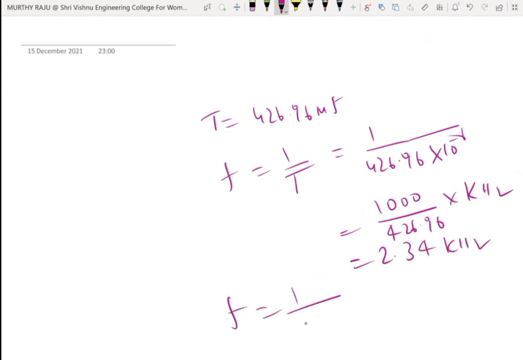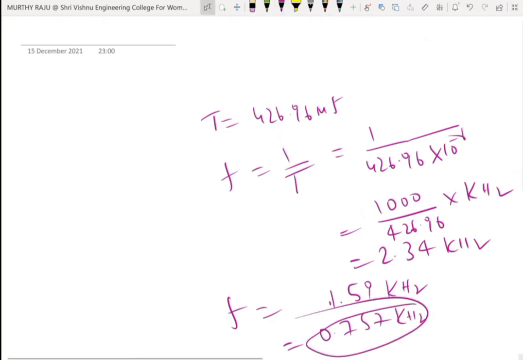The theoretically calculated value is 1.59 kilohertz. The difference is 2.34 minus 1.59, that is equal to 0.757 kilohertz. This is the difference value.